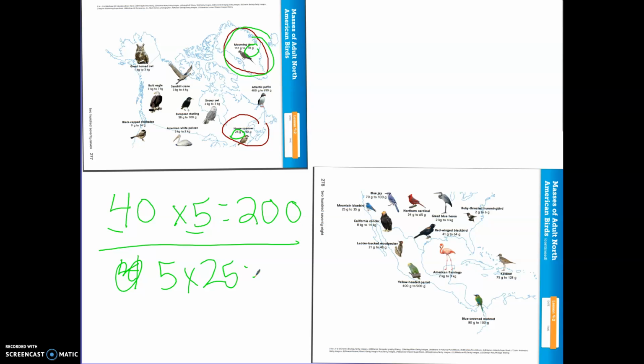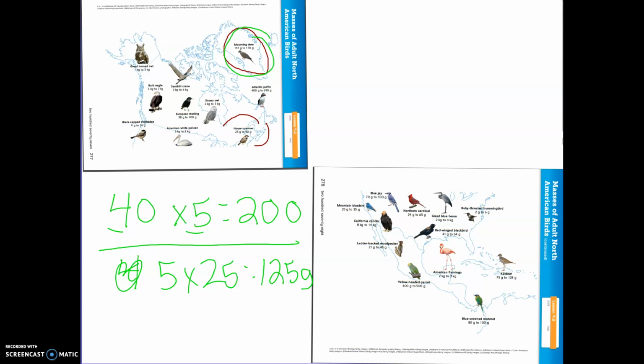So I need to have 1 more, so that's going to be 125 grams. So the largest mourning dove is 170 grams. So yes, it could also be less than a mourning dove.